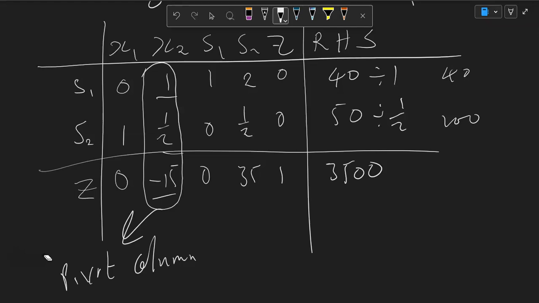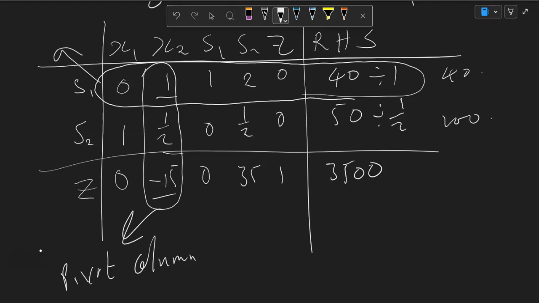Okay, since we have divided and we have found those particular values, we ask ourselves, which is the smallest positive number amongst the two? So we have 40 and 100. The smallest positive is 40, obviously, isn't it? So we will circle the row in which we have the smallest positive, okay, giving us our new pivot row, right?